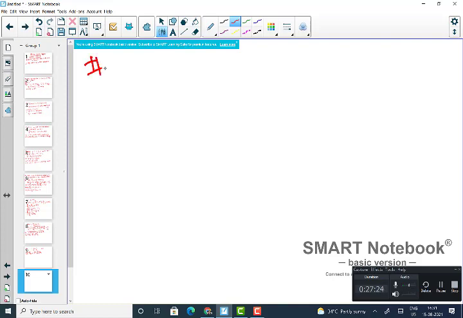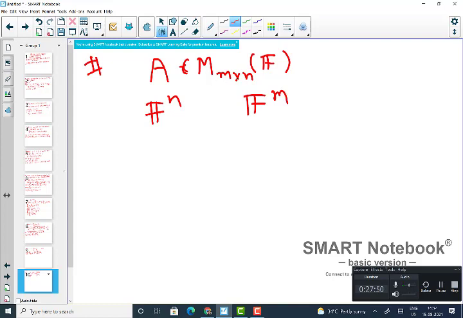Suppose you choose a matrix A, which is an element of the m cross n matrices over some field F. It is a map from Fn to Fm. Here Fn is a vector space over F of dimension n.